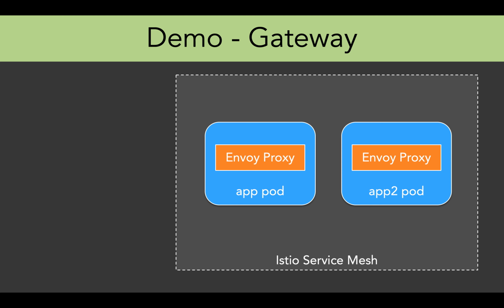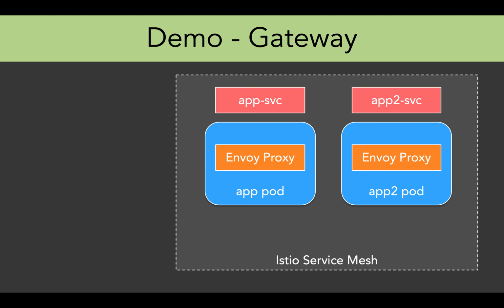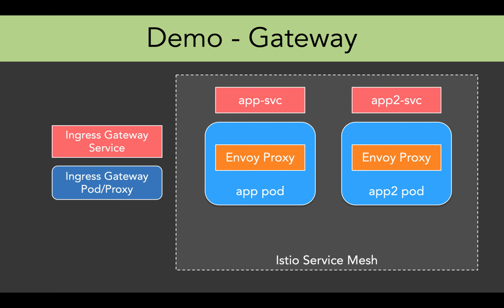One is app pod and the other one is app2 pod. And of course they have envoy proxy and its own container, and they have app service and app2 service. So these are the ingress gateway pod, which is nothing but the Istio proxy, and then Istio gateway ingress gateway service, which is given to us by Istio installation.